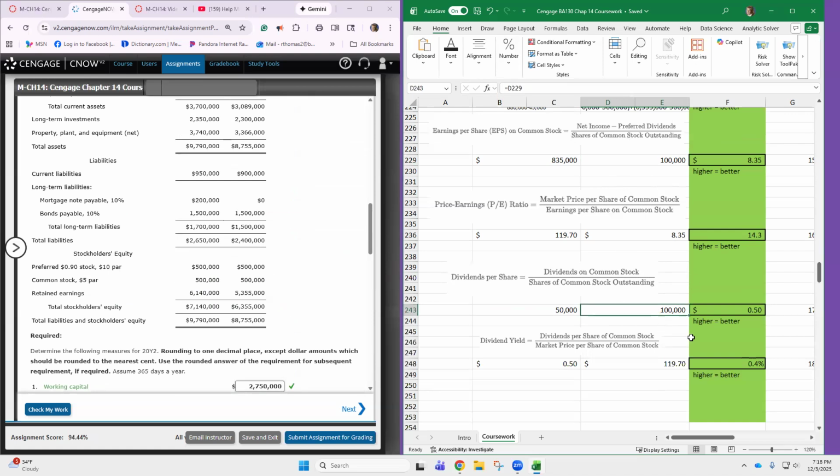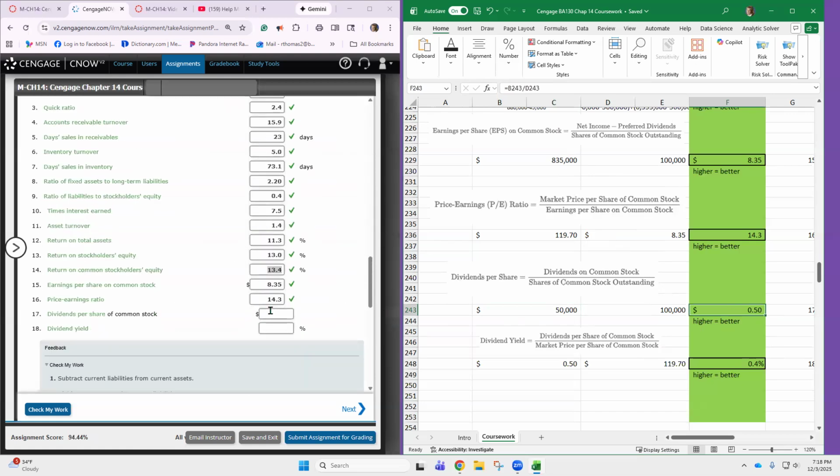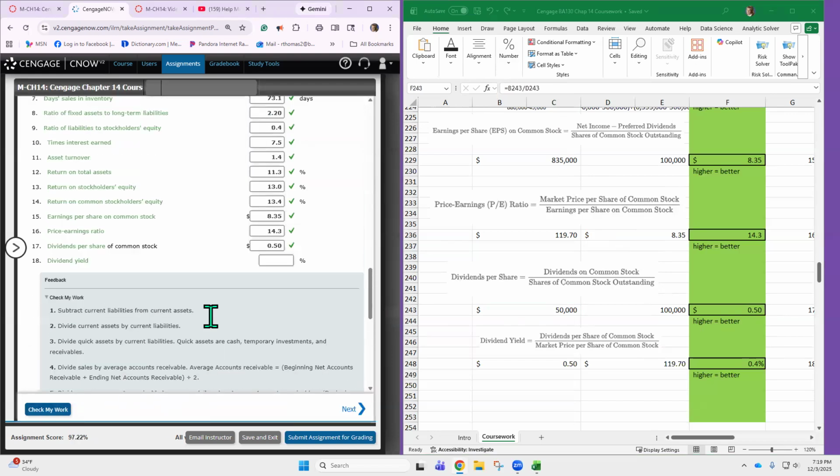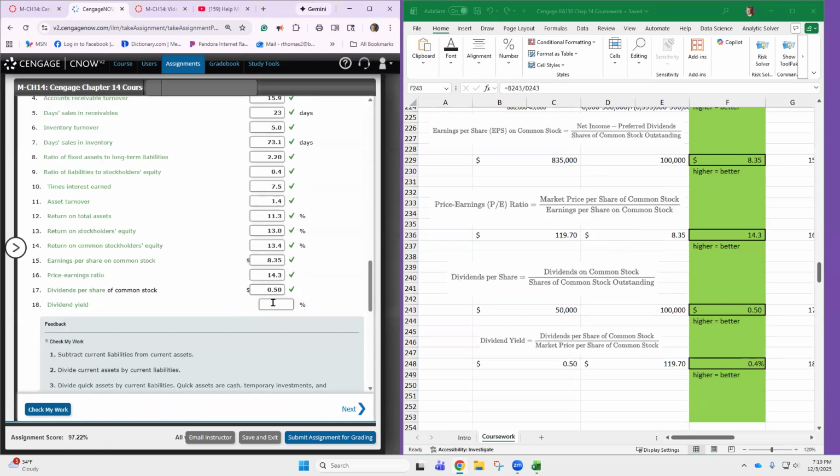That's where we're getting our 100,000 shares outstanding. If you take the dividend total of 50,000 and divide by 100,000, you get 50 cents dividends per share. That's how much was going out to all the shareholders. That wouldn't be a whole lot unless you owned a lot of shares.